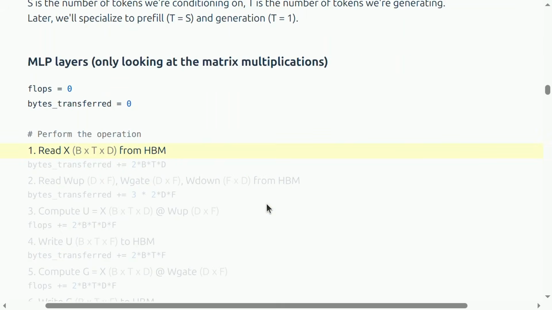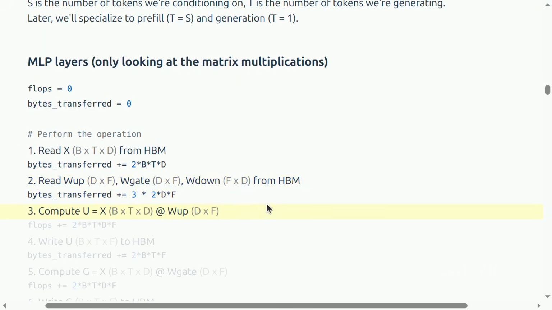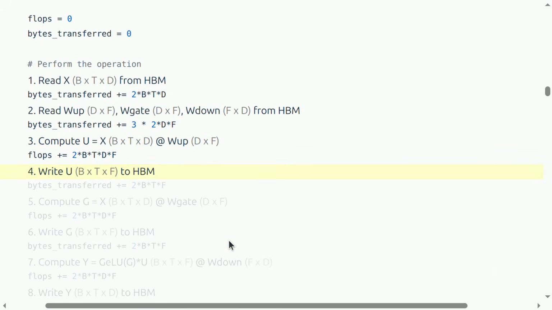Okay, so let's do this calculation. It's the same as the matrix calculations. I'm not going to step through every single detail here, but the form is you read X from high bandwidth memory. You read all the parameters. You compute the up projection, and then you write it to HBM.